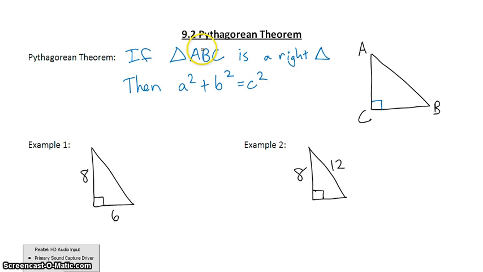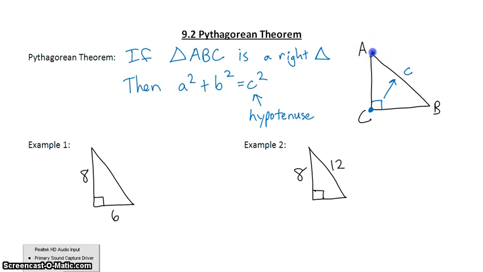So how do we go from capital letters to lowercase letters? Let's explore our right triangle. If we look at vertex C and we follow vertex C across the triangle, we get side lowercase c. Lowercase c is the hypotenuse.